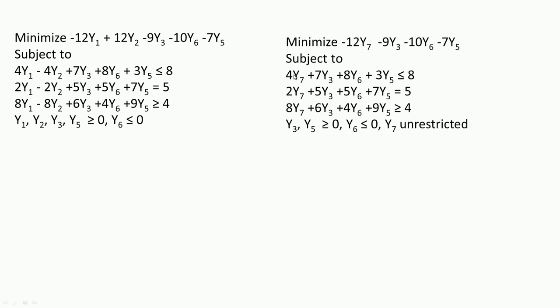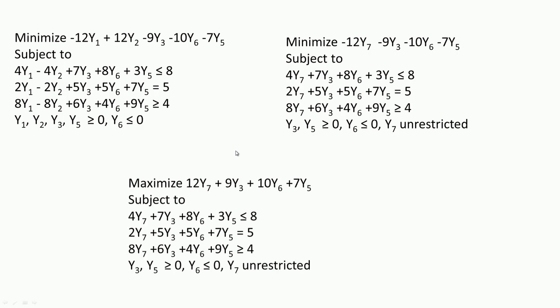So, 4y7 plus 7y3 plus 8y6 plus 3y5, 4y1 minus 4y2 becomes 4y7, y7 becomes unrestricted. Now, this minimization is changed into a maximization, which is the last thing that we need to do. So, we now maximize 12y7 plus 9y3 plus 10y6 plus 7y5 subject to all of these.